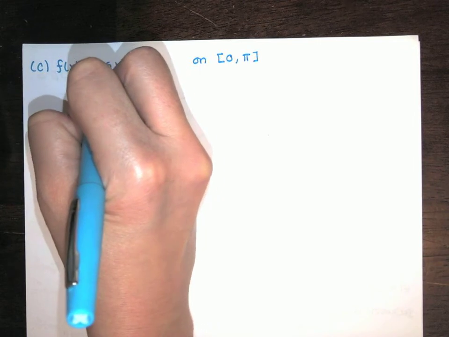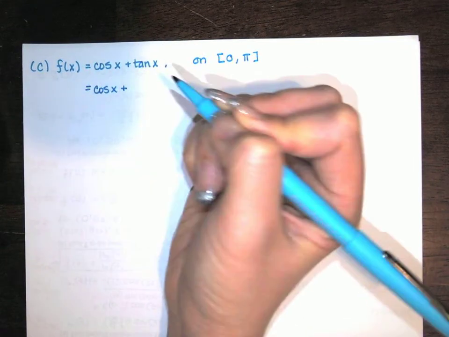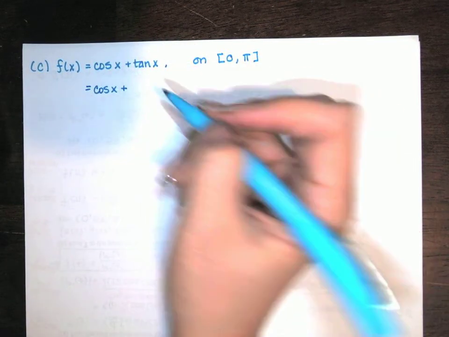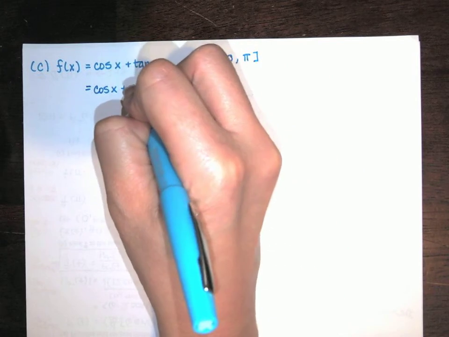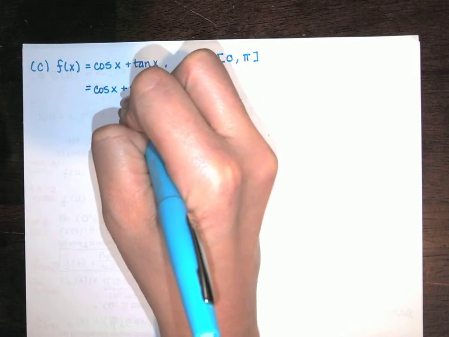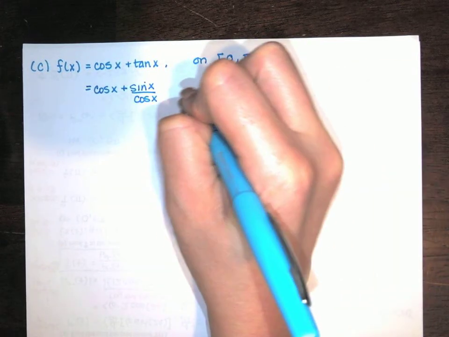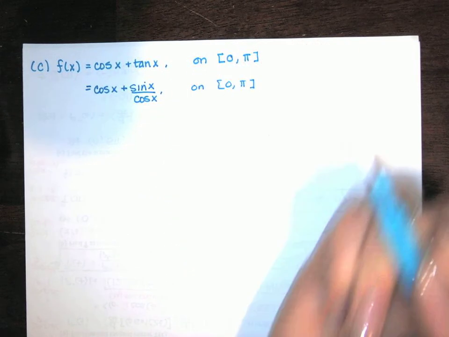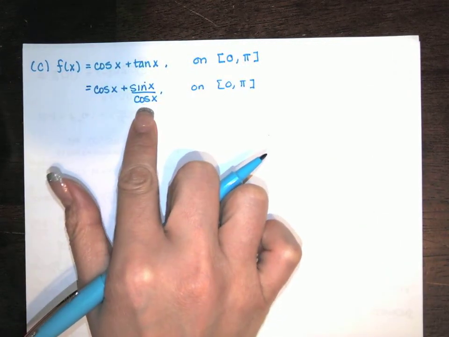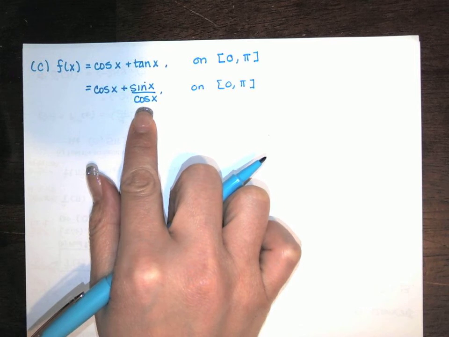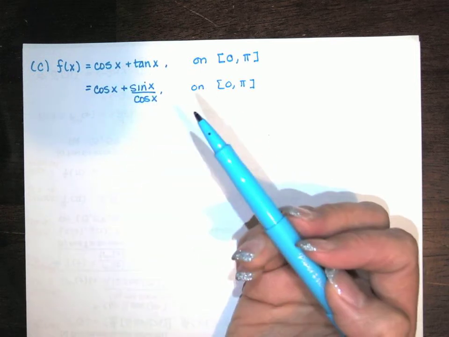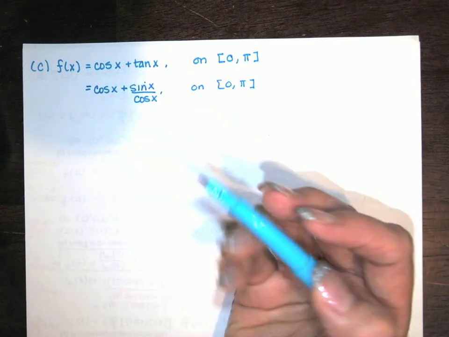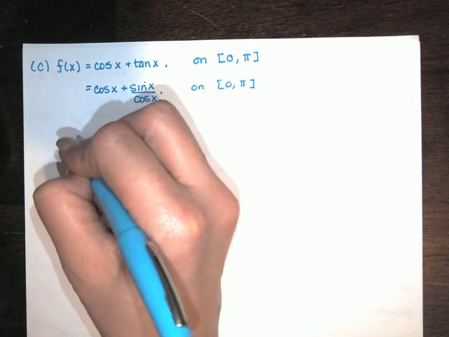F of x is equal to this. It's cosine of x plus tangent of x, and tangent is the same as sine of x over cosine of x. So we're going to have problems anytime the cosine of x equals 0. Or alternatively, whenever that tangent function has a vertical asymptote.